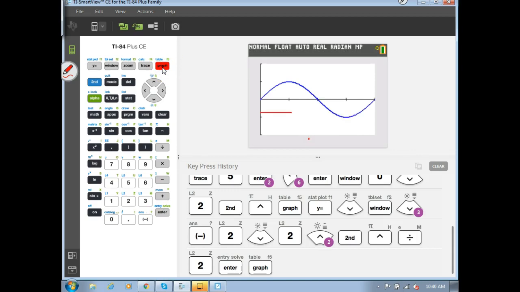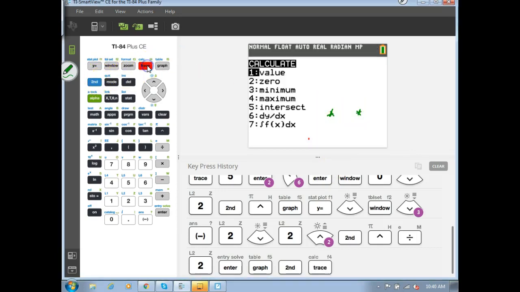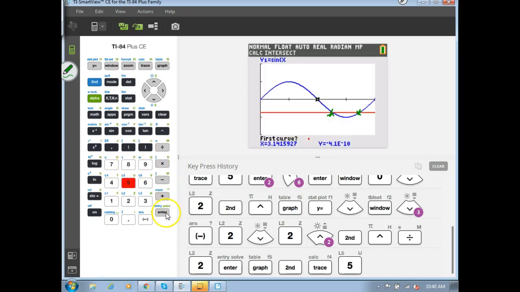So there's sine, and there's that -0.7 whatever it was. So I can see very clearly in this domain that there's 2 intersection points. I need you guys to find each of them. So we're going to go to second trace, intersect, and then when you hit enter the first 2 times, it doesn't matter where you're at, but when you hit enter the 3rd time, it's going to default to the closest intersection point.